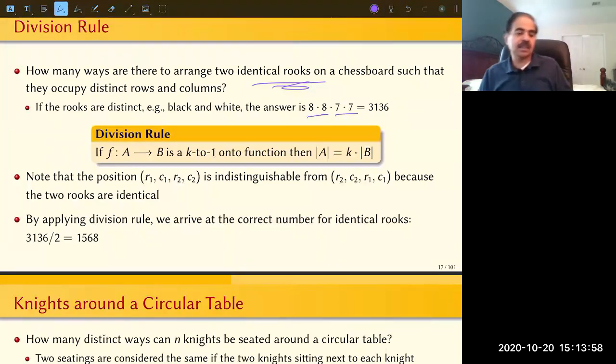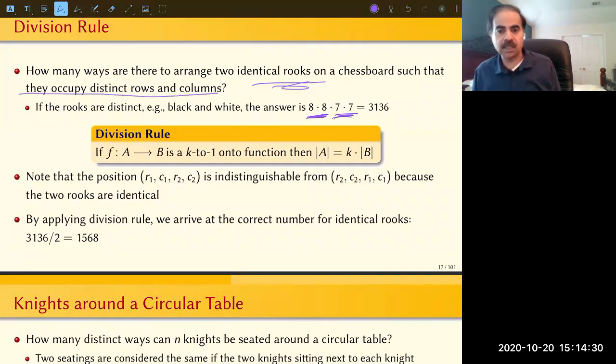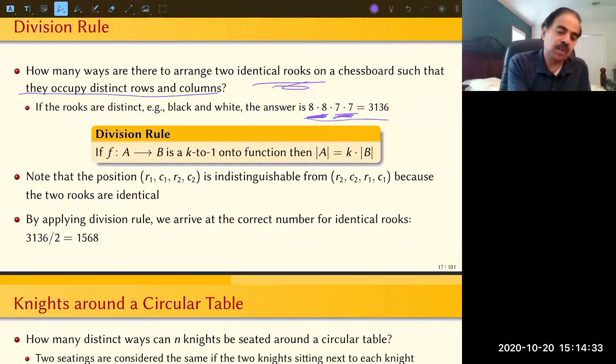That gives us this number, because the first rook can be placed in any row and any column, which gives 8 rows and 8 columns as the possibility. For the second rook, we have to choose a different row and column, because that's the condition here, right? You need to arrange 2 rooks so that they occupy different rows and different columns. Therefore, for the second rook, you have only 7 possible rows and 7 possible columns. That leaves us 3136 possibilities. But now these are 2 identical rooks.